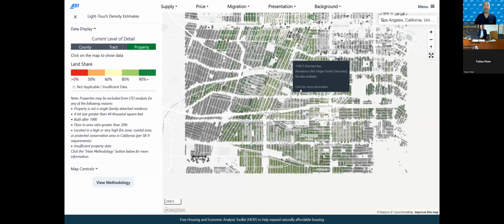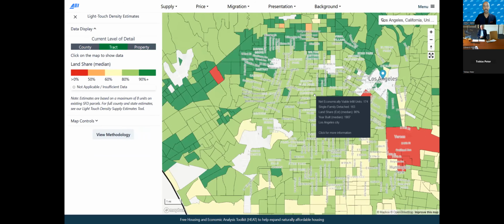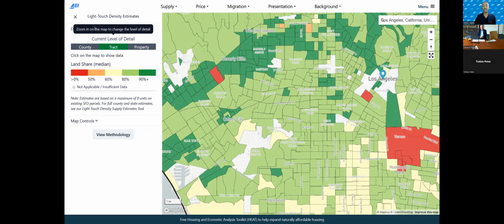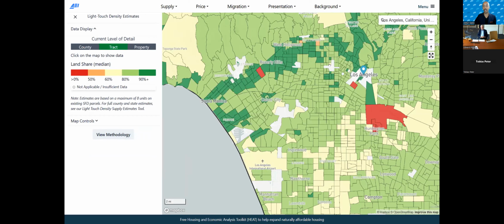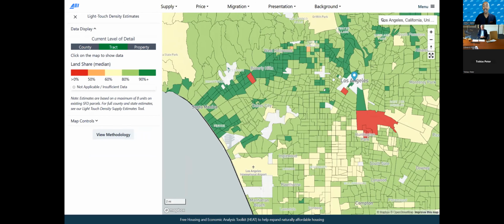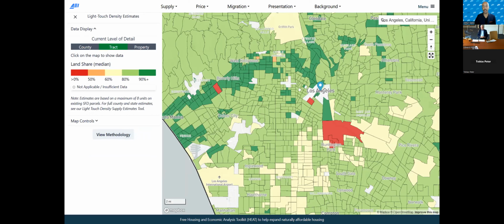And we can see that also colored in at the tract level throughout the city. So this has been very useful to us, one, for ground truthing our own light touch density estimates, but two, as a general guide to where the dynamics of the housing market in a given area can support greater density, whether that be called light touch density or something else, and where it might help to increase the supply of housing while also making that housing naturally affordable.